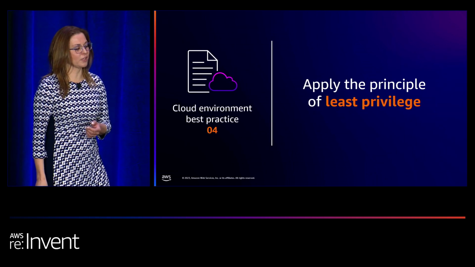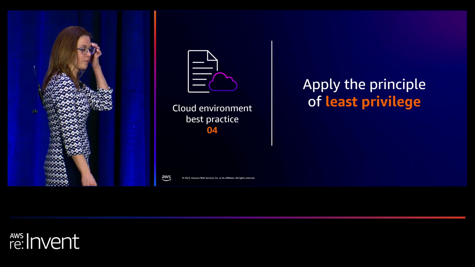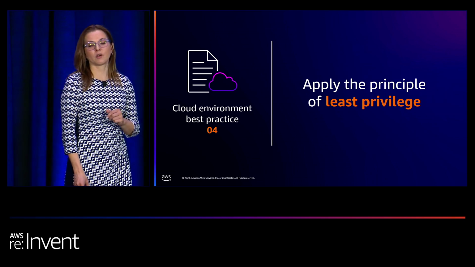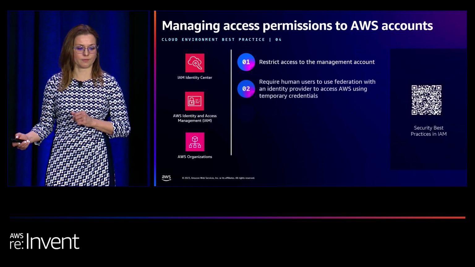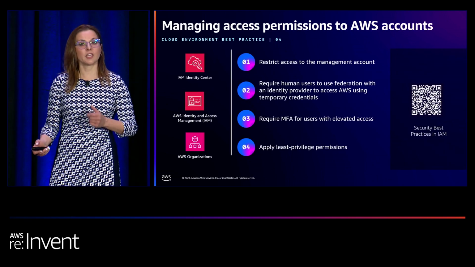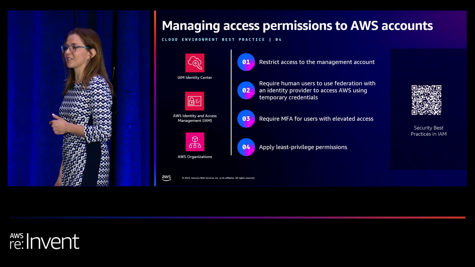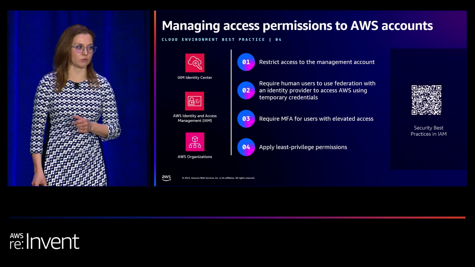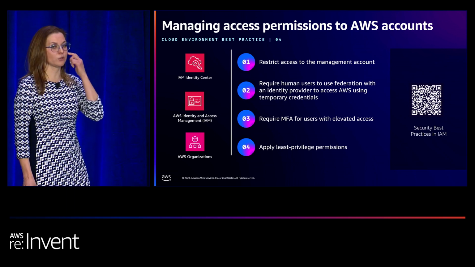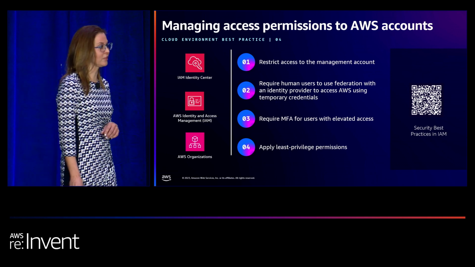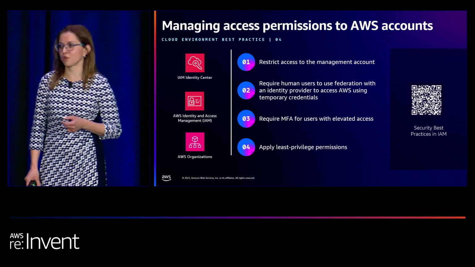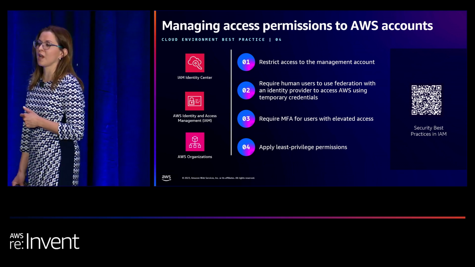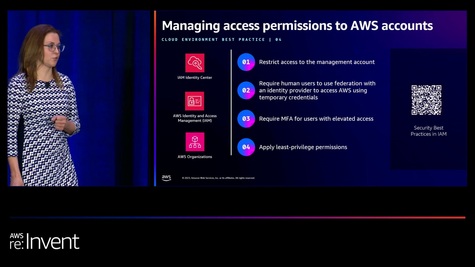And then cloud environment best practice number 4, apply the principle of least privilege. Here, we recommend that you restrict access to your management account. Your management account is very, very powerful, so you want to make sure that only a few restricted administrators who can perform this privileged administration task have access to this account.